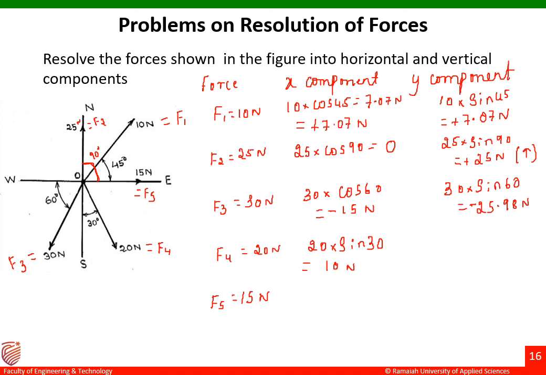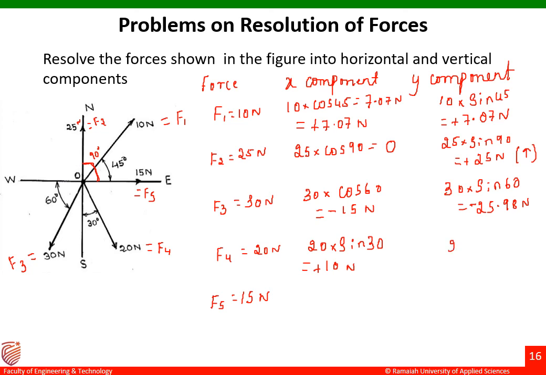You can observe that F4 is falling under the fourth quadrant. In the fourth quadrant, Fx is positive and Fy is negative. So for Fx, I have to write plus 10 Newton.